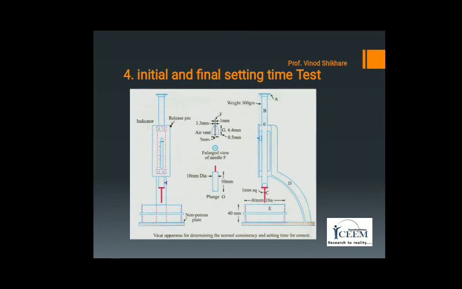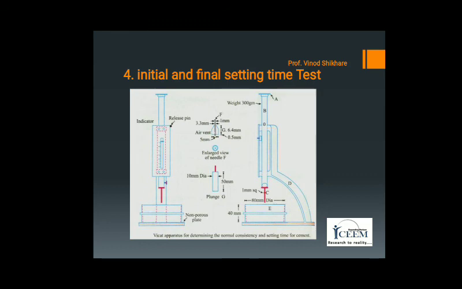The initial setting time is the interval between the addition of water to the cement and the stage when the needle fails to penetrate the test block by about 5 mm from the bottom. The cement of weight 400 grams is taken and is mixed with 0.85 P, where P is the consistency of cement, or the percentage of water by weight of the cement to be added in the formation of cement mortar.